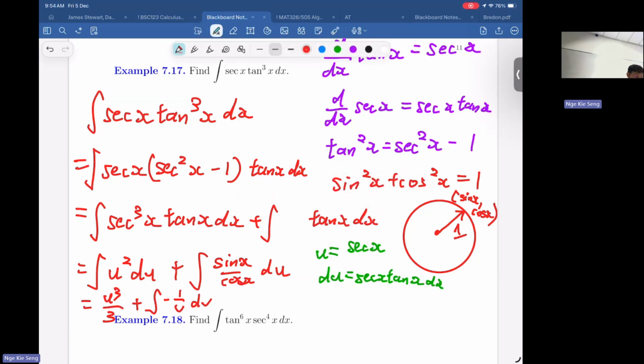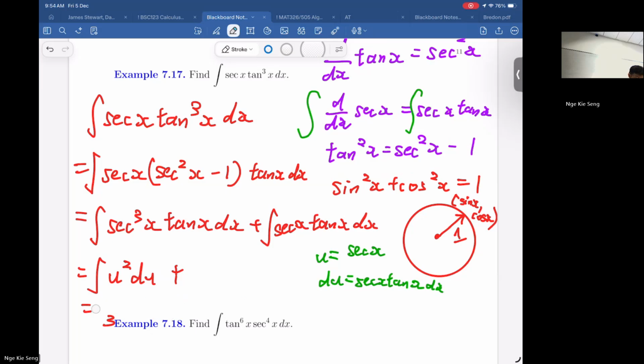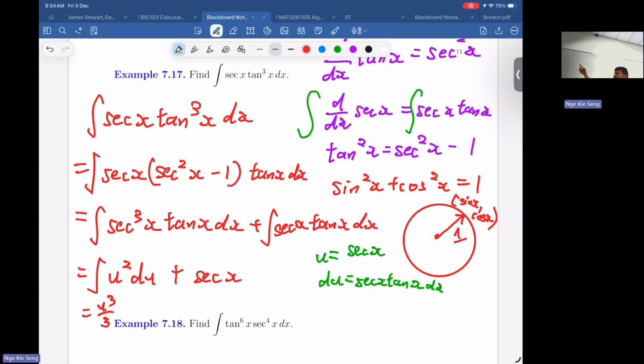So you see, if you are missing some trigonometry, things could be very different, because if you are just integrating secant tangent x, this is what we know already. If we integrate this, we immediately get secant x, because this is the antiderivative of secant x tangent x.